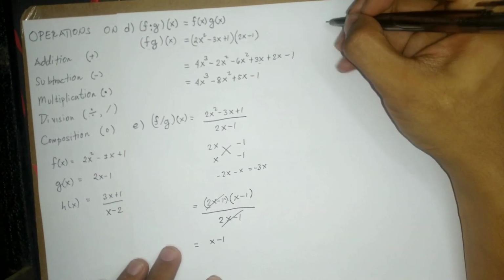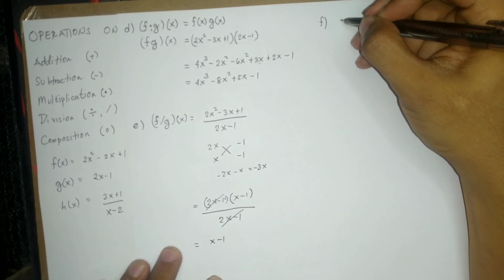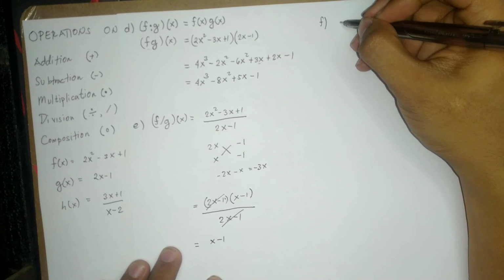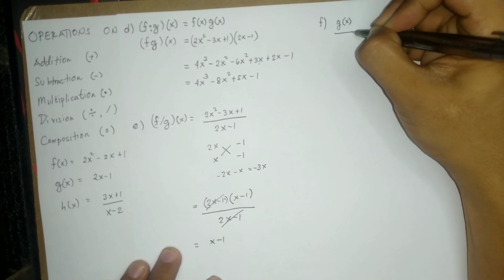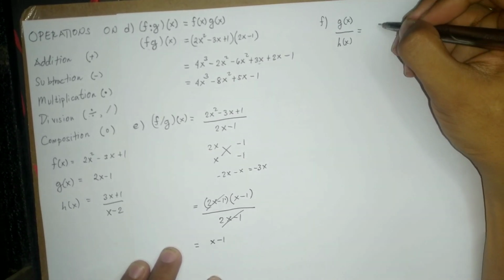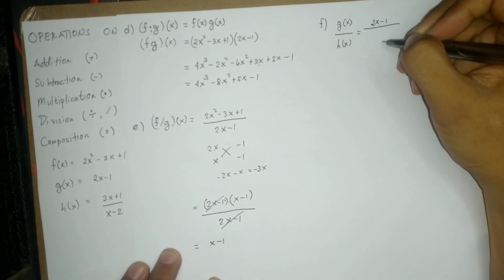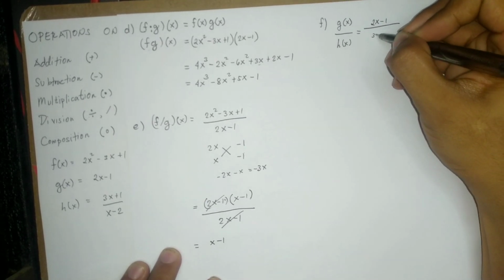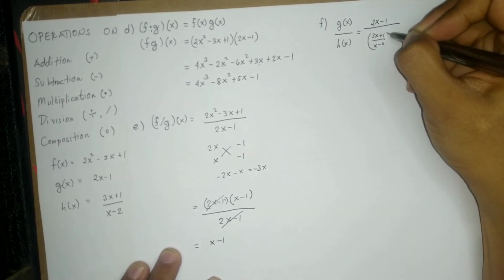Last example. Let's just say we have g of x over h of x. This gives us 2x minus 1 all over 3x plus 1 all over x minus 2.